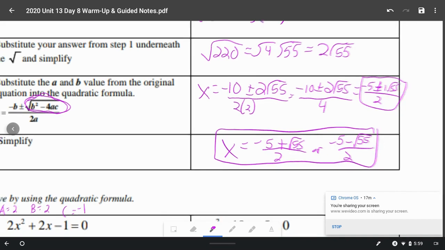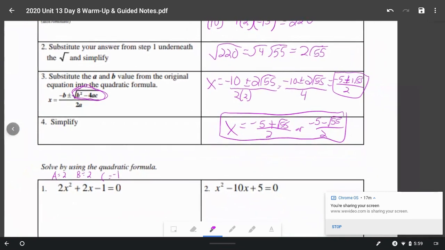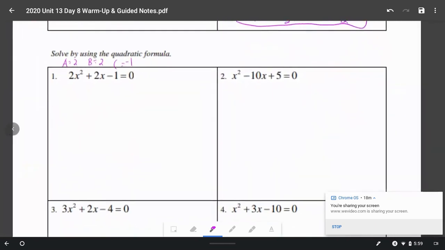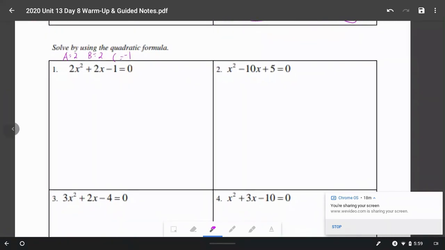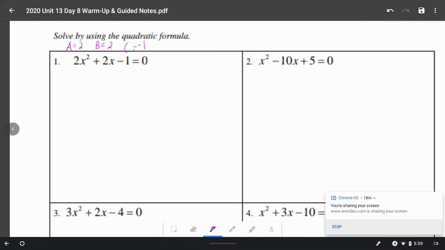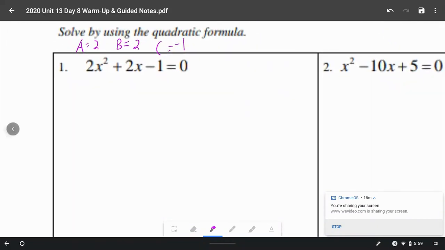All right, so let's go to this example that I almost did because I didn't see the top half of your notes. So number one, if we label the a, b, and c, we get 2, 2, and negative 1, looks like. So if we were to find my discriminant first, that's the b squared minus 4 times a times c.